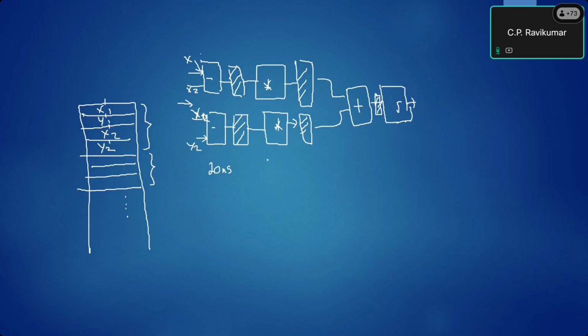Multipliers take maybe 40 nanoseconds. And then let us say adder takes another 20 nanoseconds. And square rooter takes 16 nanoseconds. So you could, if you want, slow it down and say, I will take 16 nanosecond clock. So each of them is 16 nanoseconds.